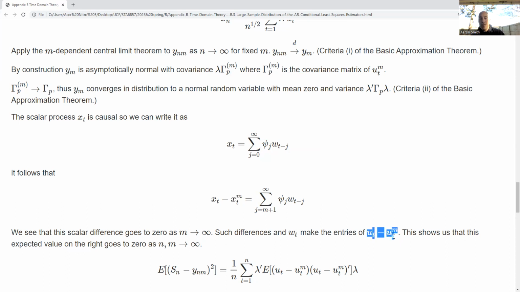All right, so if I sit down and I work through this, if I think about this S sub n that we talked about a moment ago and that double index, what this tells me is that this has to be, when I square it, the expected value has to be getting small. And since it's getting small, I know that this whole thing has to shrink down to 0 for sufficiently large m.